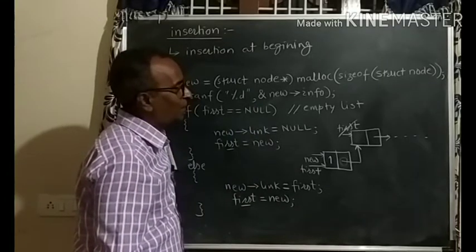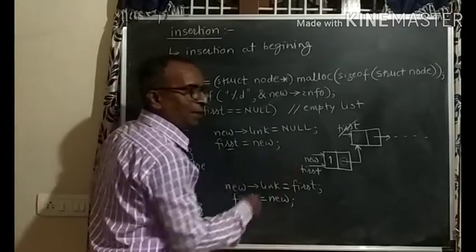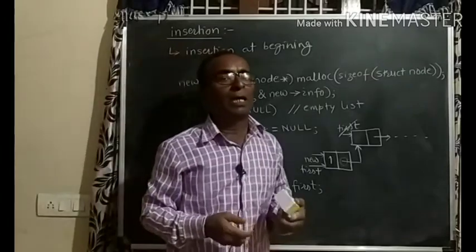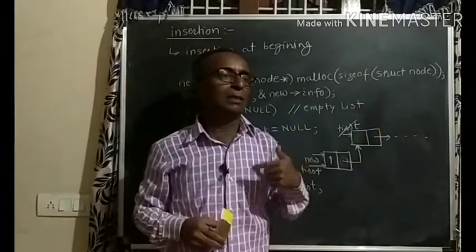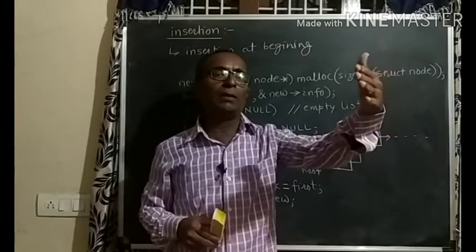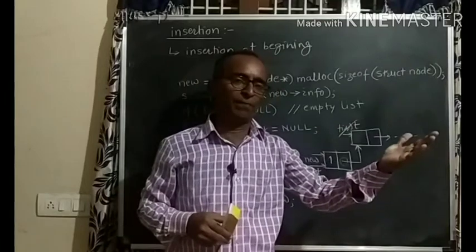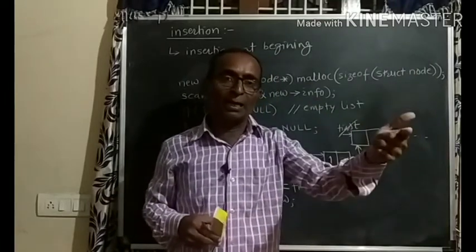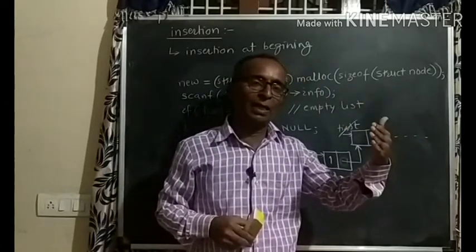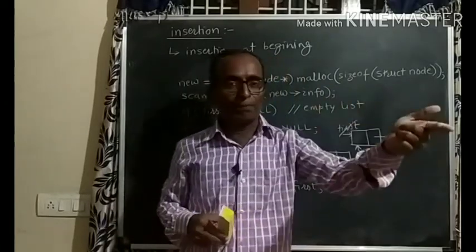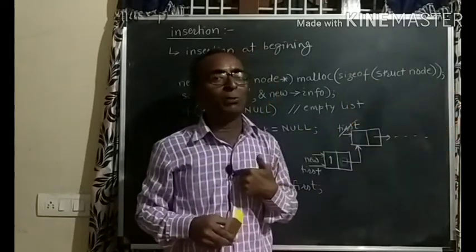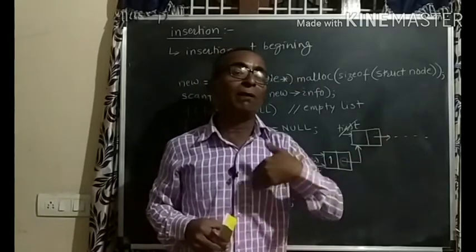In that case, if first is changed by a function, see what is happening here. I am telling somebody, this is the first node's address and you add one new node at the beginning. When he adds a node at the beginning, then first is changed by him. Now whatever change he is making may not be visible to me if I call this function by value.